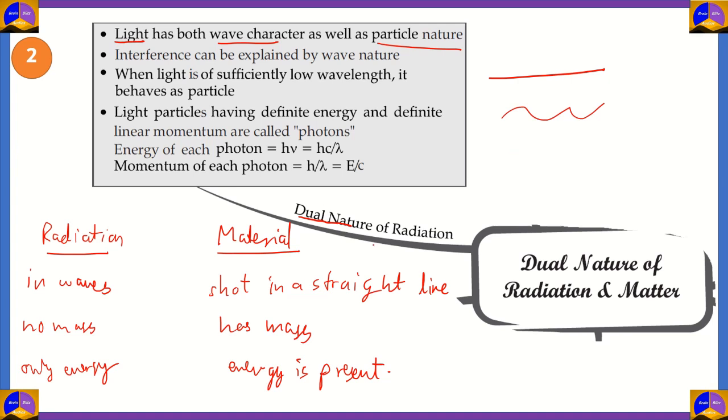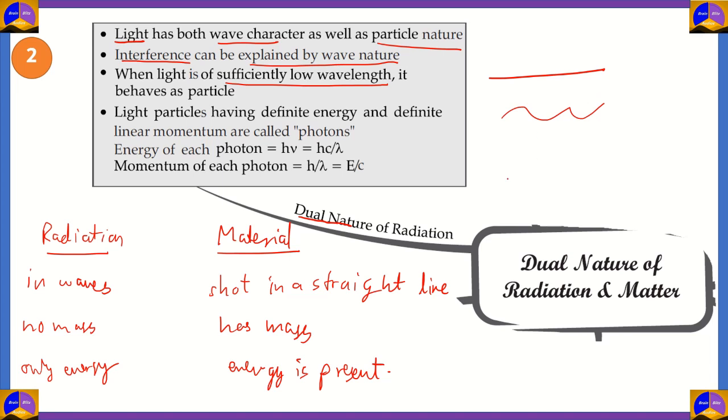So now we believe in a dual nature of radiation. Radiation such as light has both wave character that describes interference, diffraction, etc., and particle nature that explains the photoelectric effect, etc. Properties such as interference can be explained by wave nature, and when light is of sufficiently low wavelength we can say that it behaves like a particle.